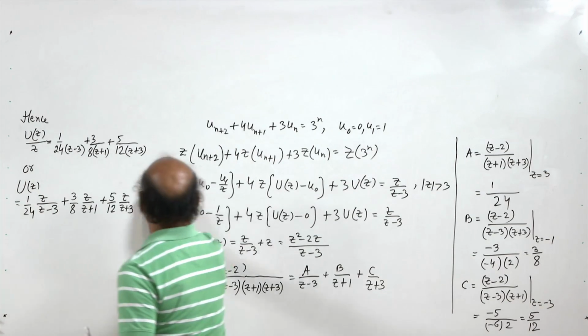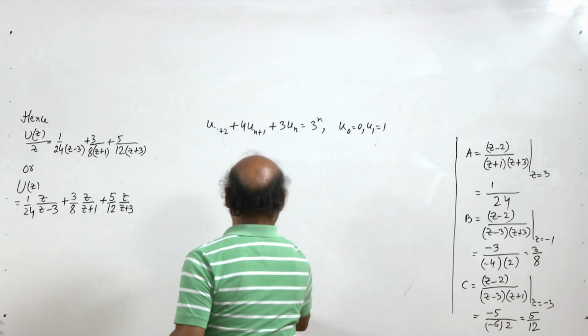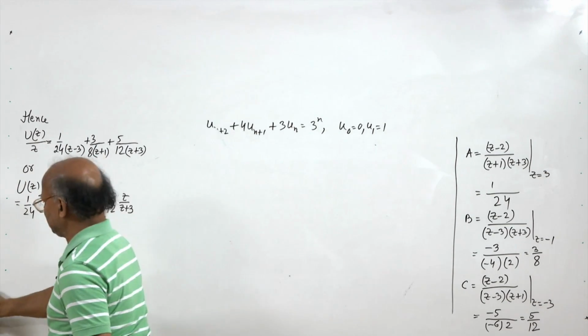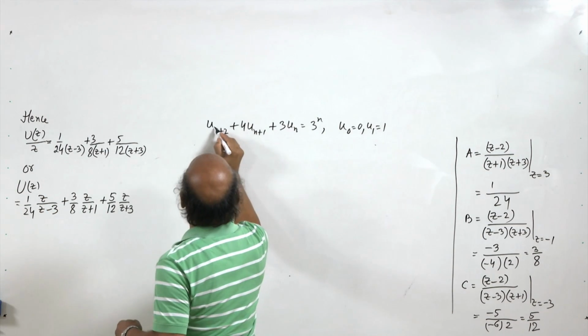So, let us take the Z inverse transform. Okay. So, this was u n plus 2 here.